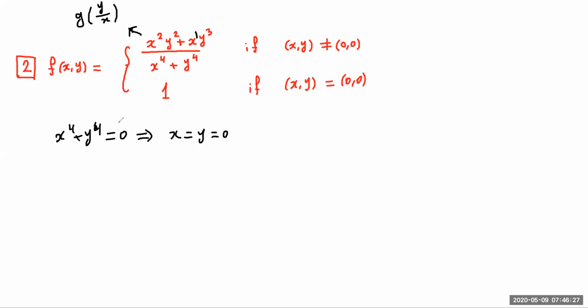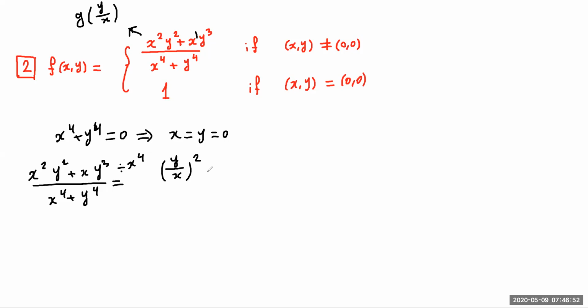So I will divide each term by x to the power 4, and I will have (y over x) squared plus (y over x) cubed, divided by 1 plus (y over x) to the power 4.